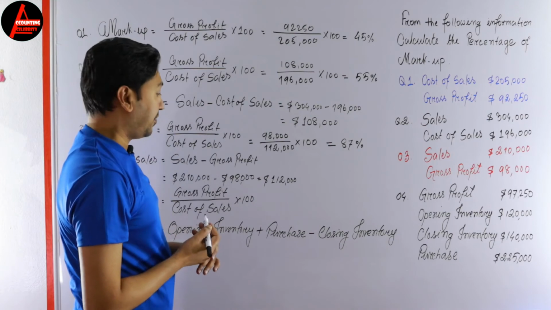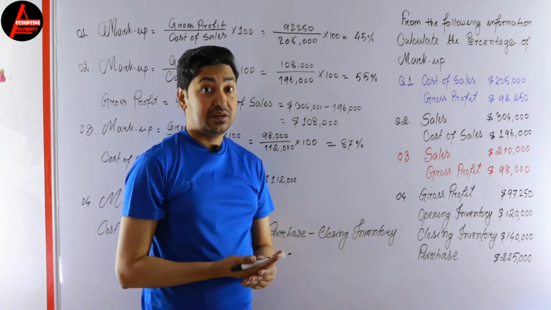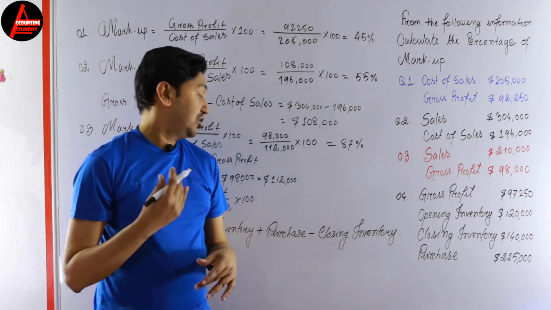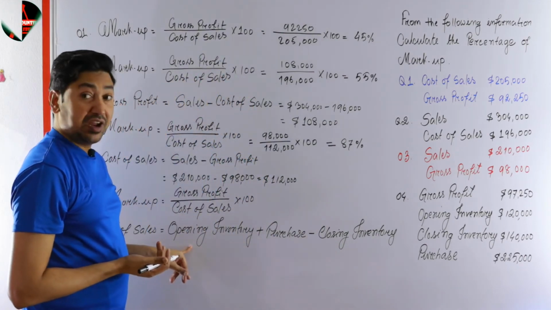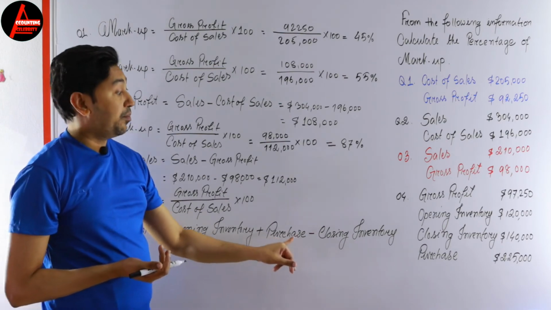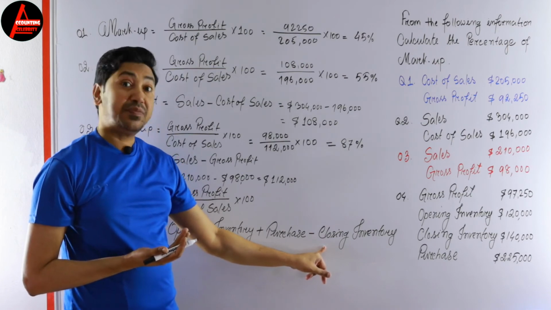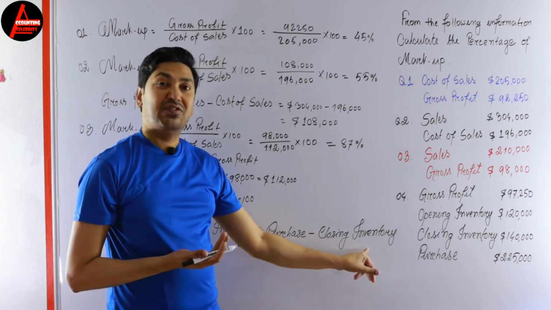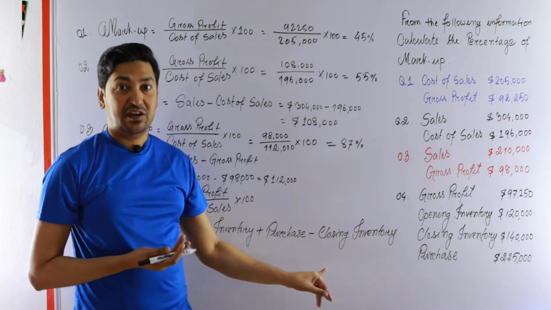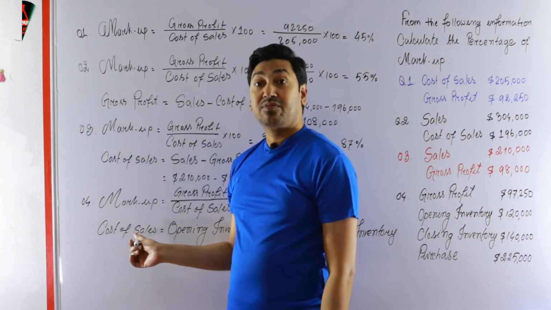If we have more items like purchase return or carriage inwards, then it will be opening inventory plus purchases plus carriage inwards minus goods for own use or drawings minus purchase return minus closing inventory. We'll use this formula to extract the value of cost of sales.